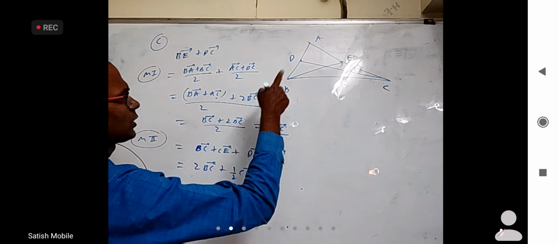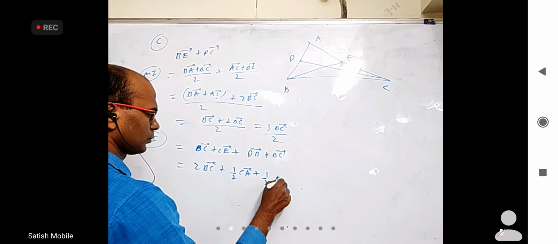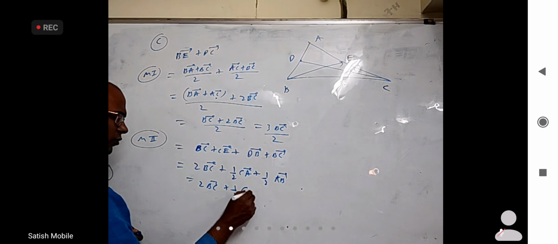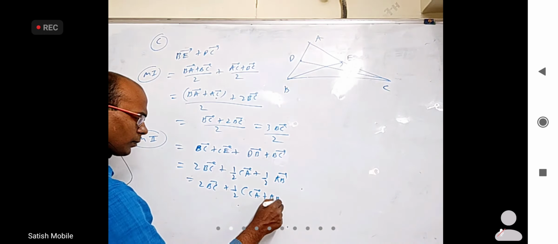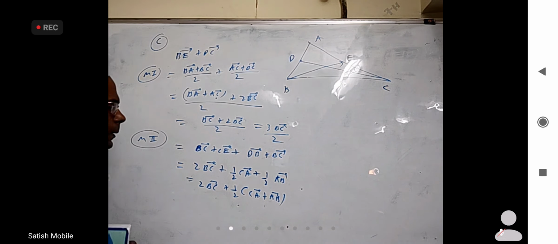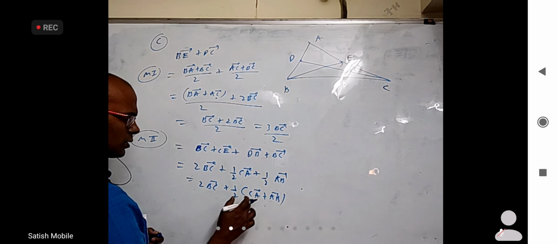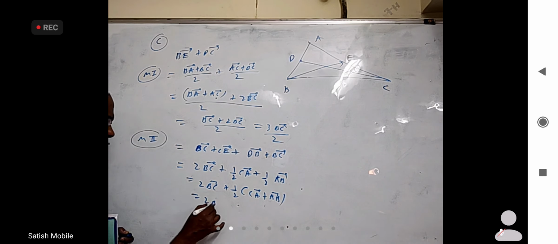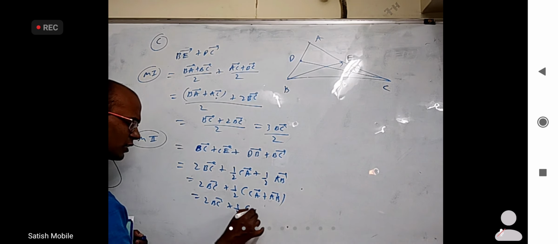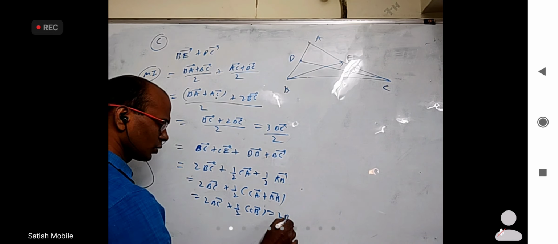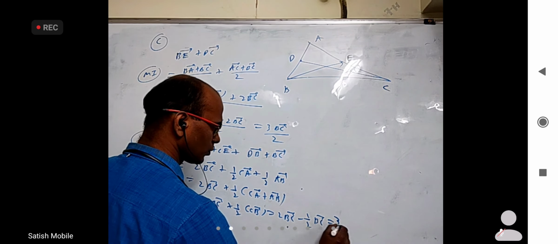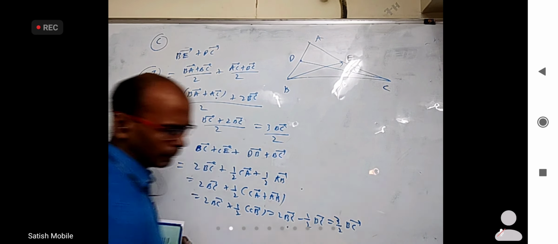DB bar is half of AB bar. So 2 BC bar plus half of CA plus AB. That is, 2 BC bar plus half of CB bar, which is 2 BC bar minus half of BC bar, which is 3 by 2 BC bar.